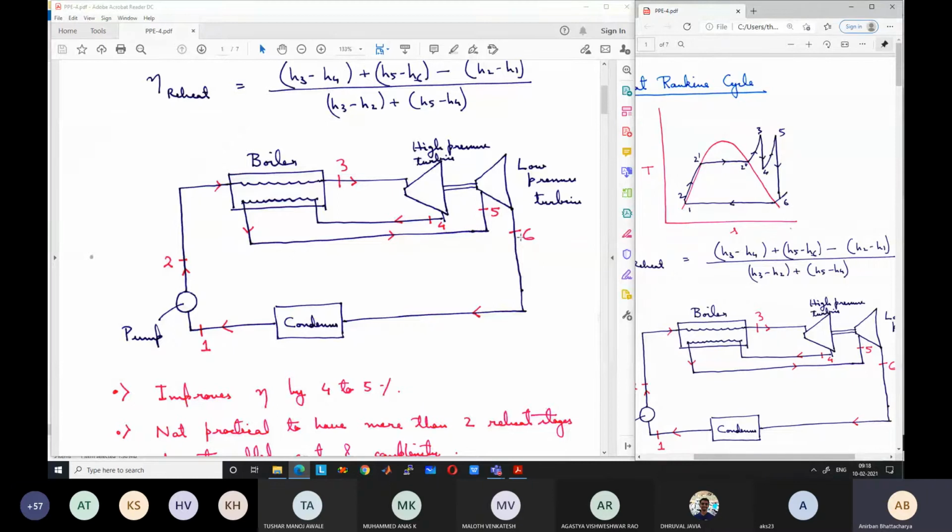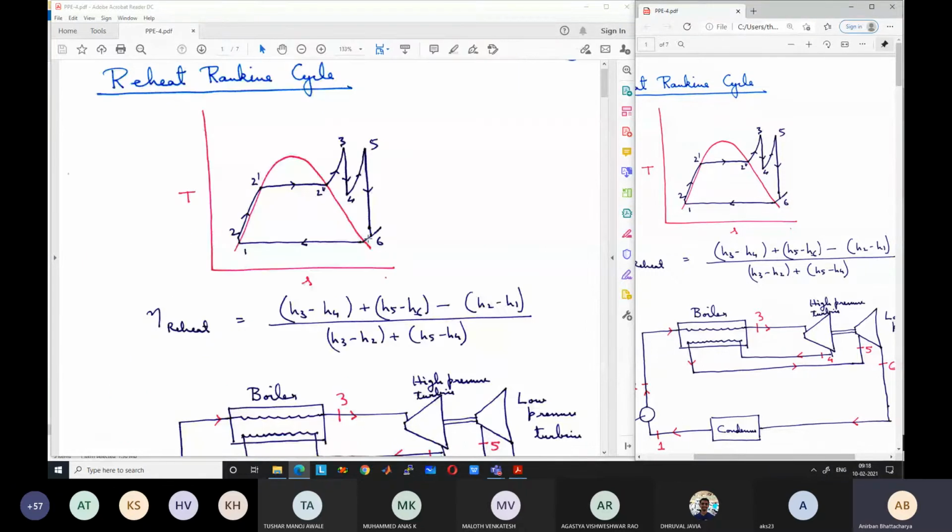Typically it will be within the two-phase region, because if it is within the superheated region you lose certain amount of efficiency, because the inlet to the condenser occurs at a higher temperature as compared to if it were at the two-phase region. Okay, so average temperature of heat rejection increases, so efficiency slightly decreases. So you want the condensation process to start within the two-phase region, not in the superheated region. Okay.